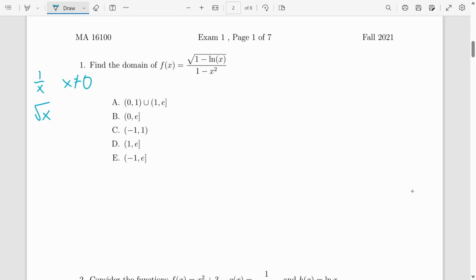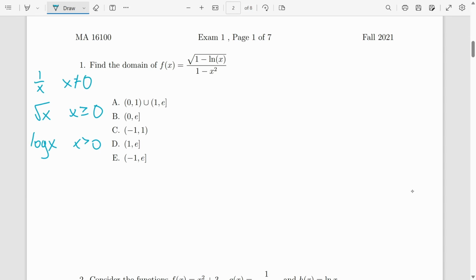When you take the square root of something, it can't be negative, else you get an imaginary number, so it must be greater than or equal to 0. And a third one, which is a little more obscure but is going to come into play in this problem, is logarithms. When you're taking a logarithm of something, that something must be positive, greater than 0. It can't be negative and it can't be 0. Those are the main three restrictions.